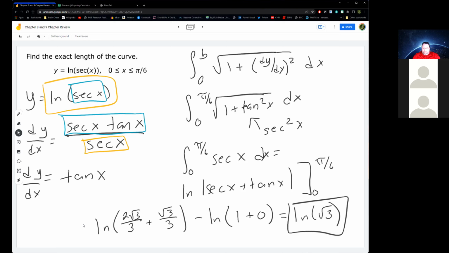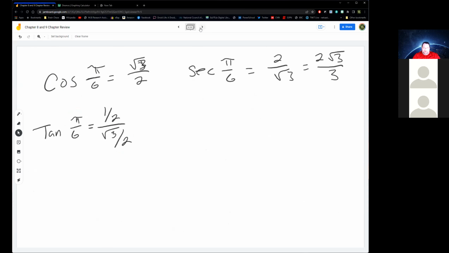So are you showing us? Oh, darn it, wrong screen. I always forget to switch the right one. So there's cosine. Cosine of pi over 6 is square root of 3 over 2. And the secant's the reciprocal of it. So it's 2 over the square root of 3. So that's 2 square root of 3 over 3.